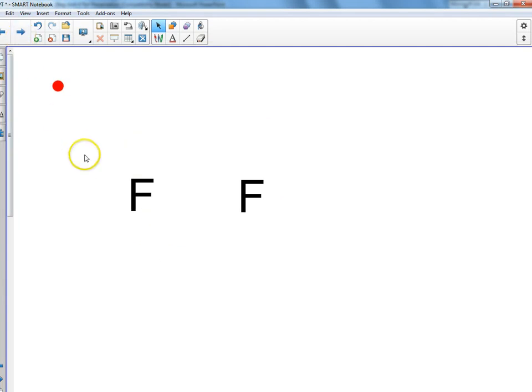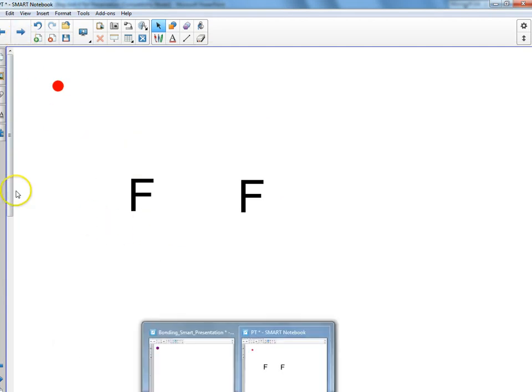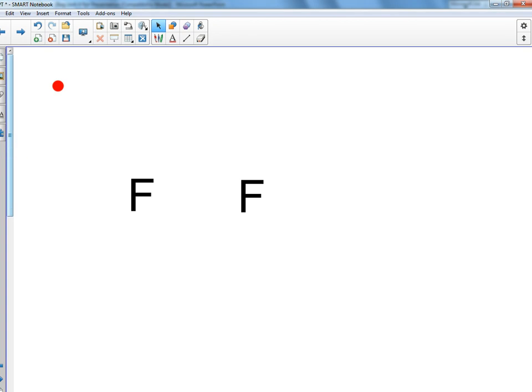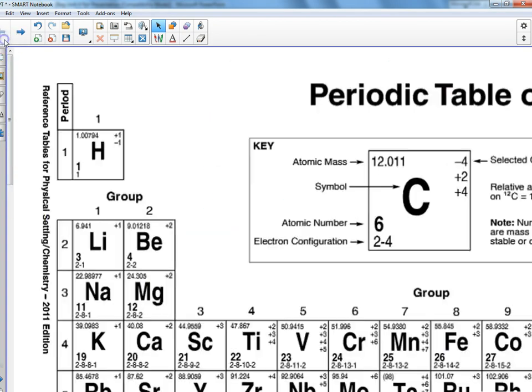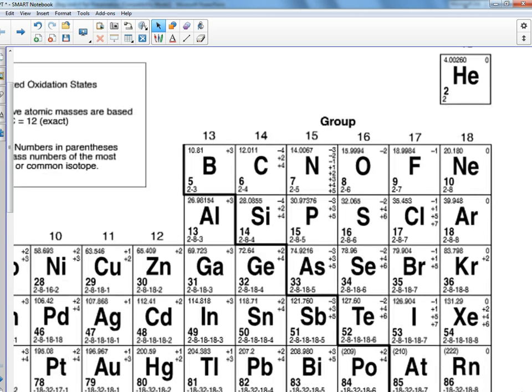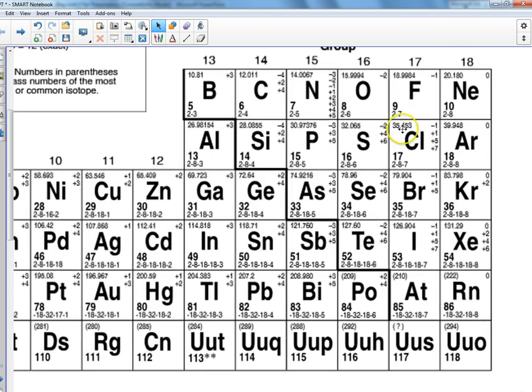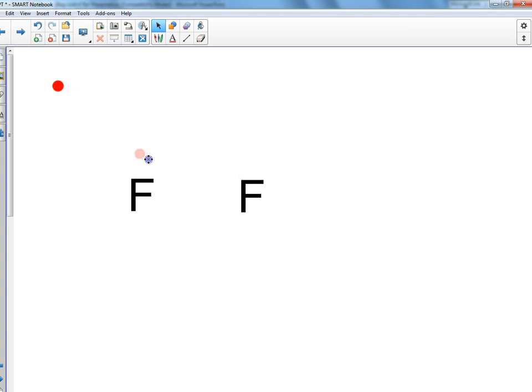So let's start with fluorine. Fluorine is in group 17 of the periodic table. It has 7 valence electrons. So we're going to give each of these fluorine atoms 7 valence electrons. But how many do they want? They each want 8.